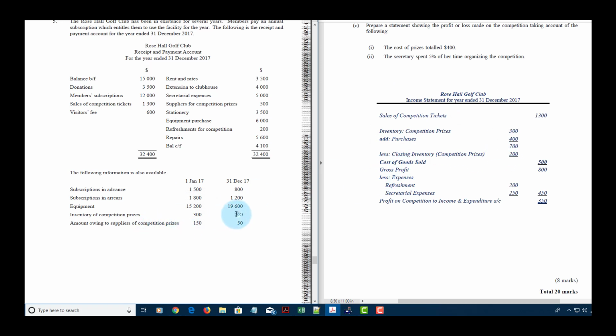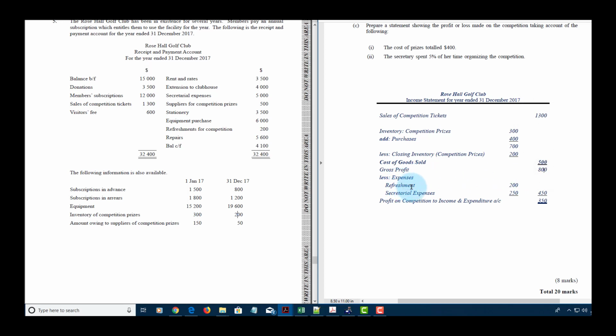We have a closing stock of 200. And in between, we have the cost of prices, 400. So we add the opening stock plus the purchases minus the closing stock. That gives us a cost of goods sold of 500. The sales would have been 1,300, which means we got a profit of $800.